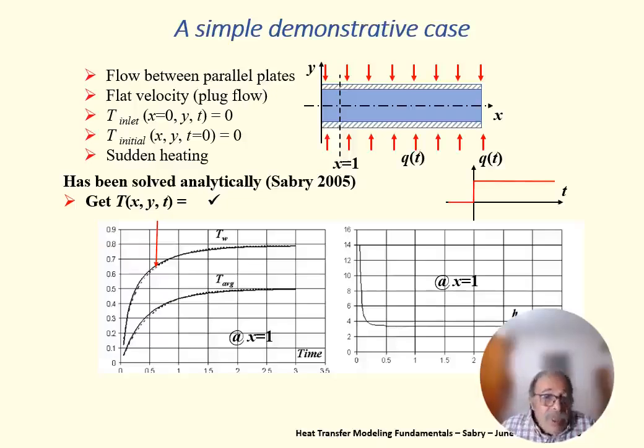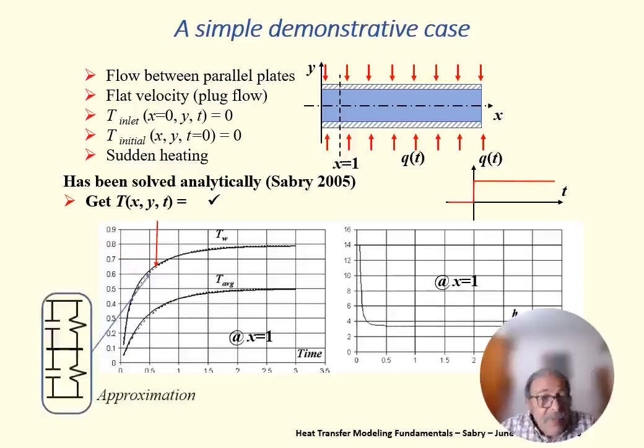In order to show that, I have made curve fitting, just curve fitting, using RCs, and I found that I must have two RCs in series in order to fit almost completely well the results of wall temperature and bulk temperature at this cross section x equals 1, with a very simple network.